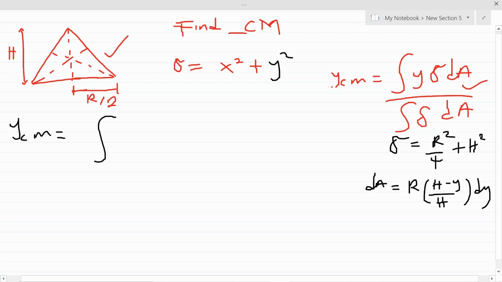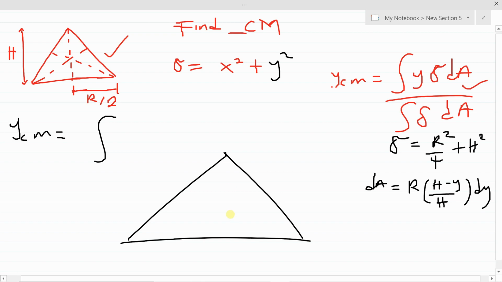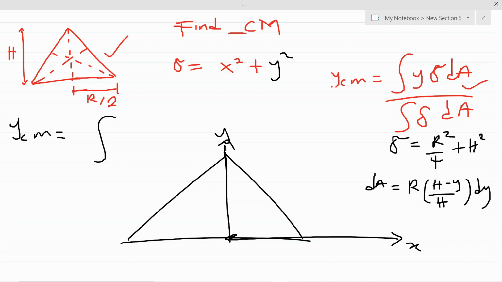I forgot to say that, but if you can see from the triangle lamina that we drew, it was this, and this was the origin. Okay, and this was our x-axis, this is our y-axis. Now the highest length for this triangle lamina is what? H, from 0 to H. Okay, so the y will range from 0 to h. Okay, I hope you get it.